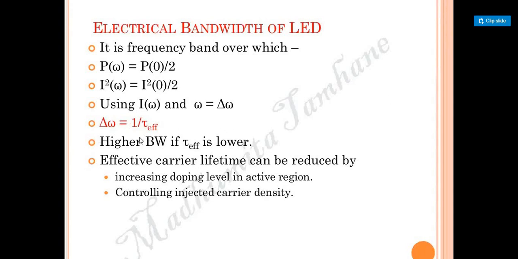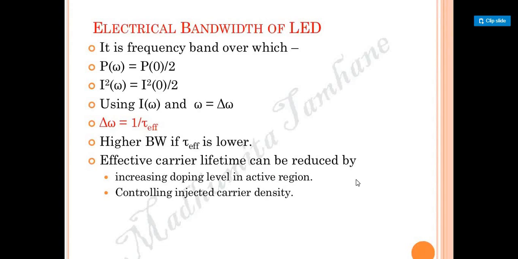Delta omega is 1 by tau effective. Frequency is 1 by t, so the same thing applies here. The change in frequency is 1 by tau effective, which is the lifetime period of the carrier. So the bandwidth is high if tau effective is low, since one is in the numerator and the other in the denominator. If the bandwidth is higher, then tau effective must be lower, and vice versa.